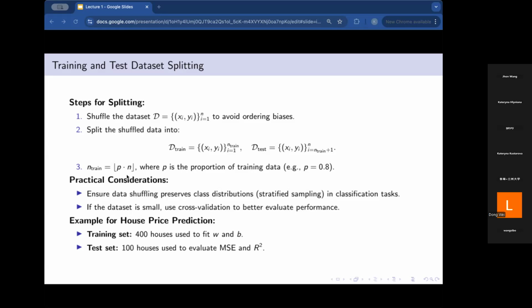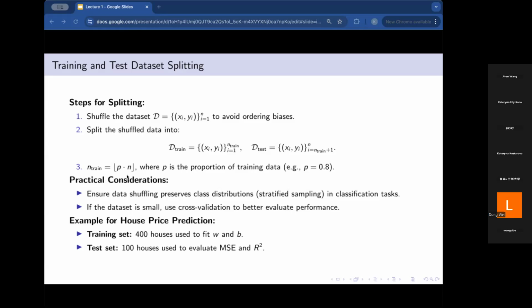The number of training samples, denoted by n train, is calculated as p times n, where p is the proportion of data used for training. For example, if p is equal to 0.8, then 80% of the data is used for training.